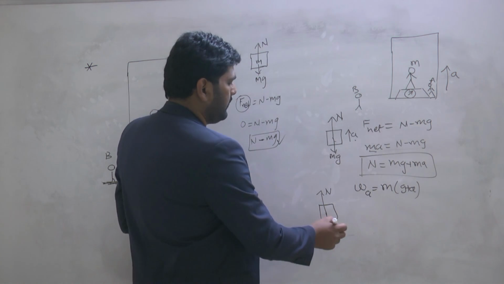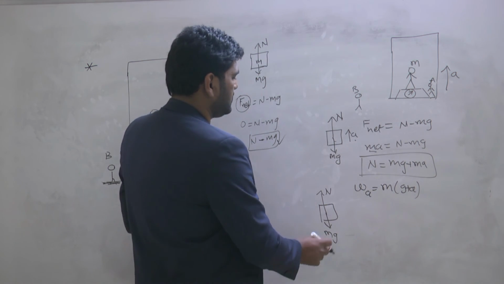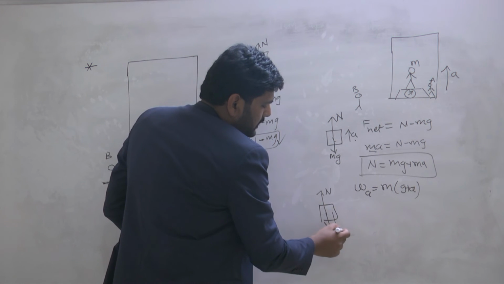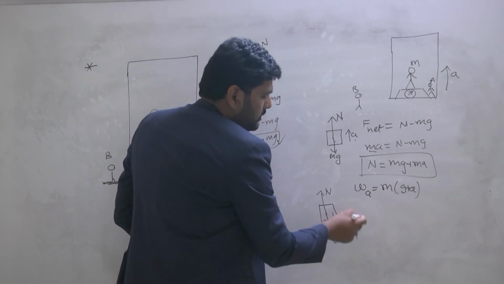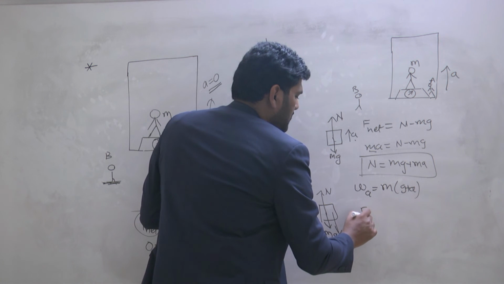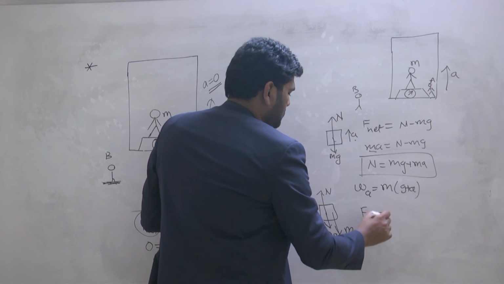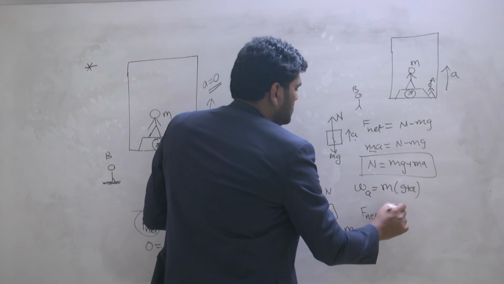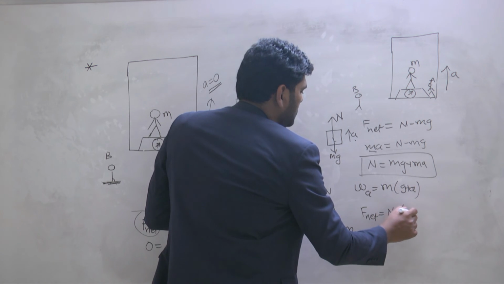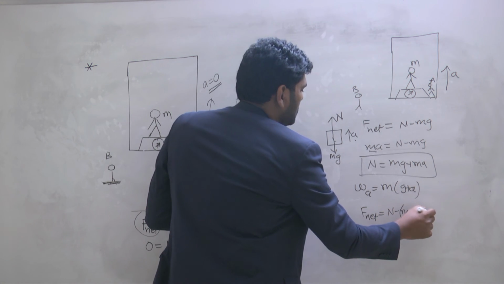So when you take the pseudo force opposite to the acceleration, as the object is moving upward, the pseudo force acts in the downward direction, that is ma. Now you can apply net force on the body. Net force is equal to N minus (mg plus ma).